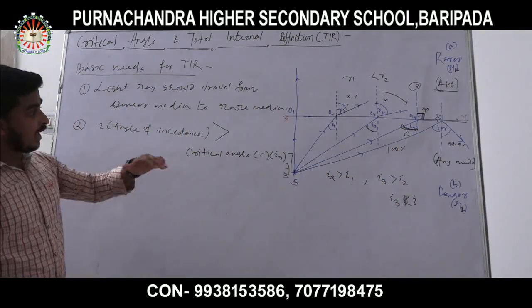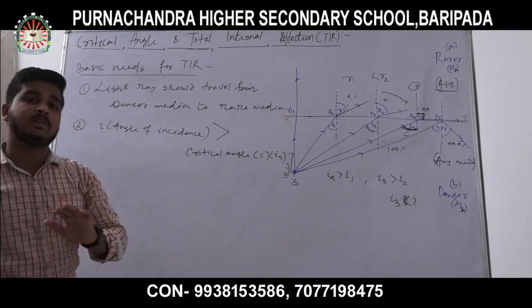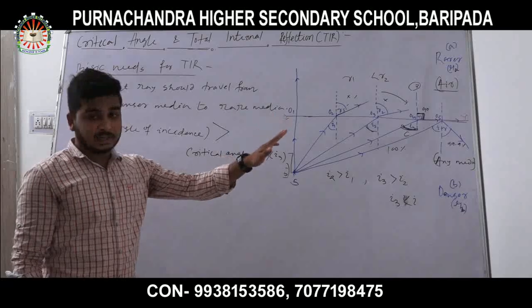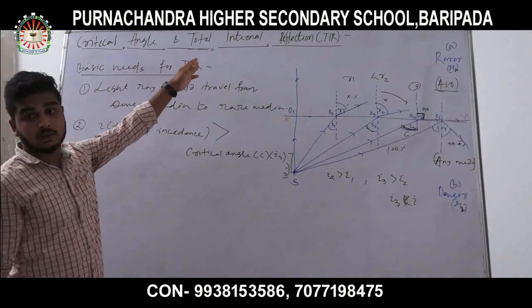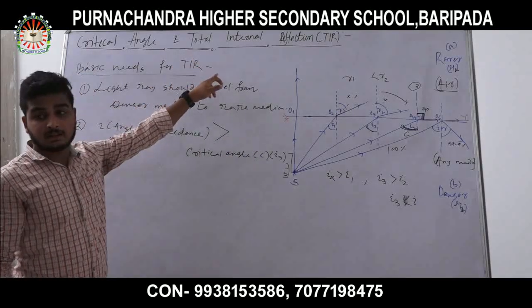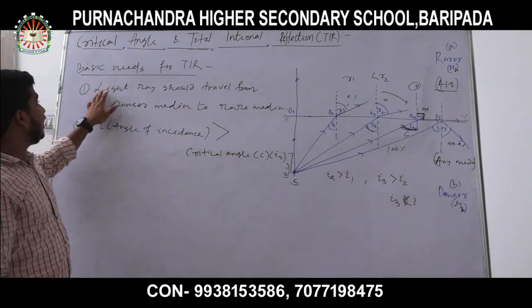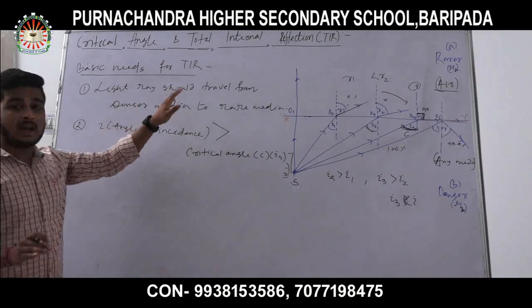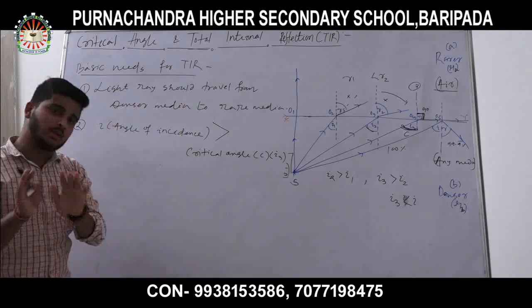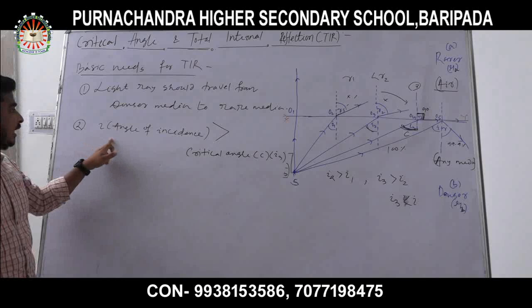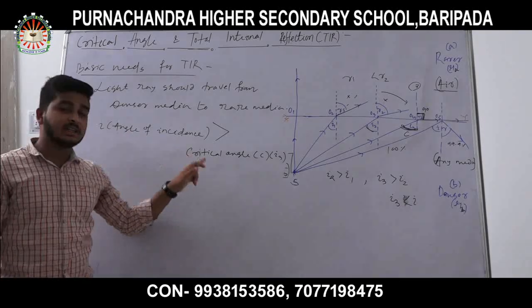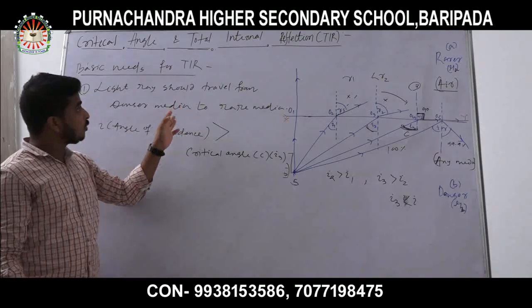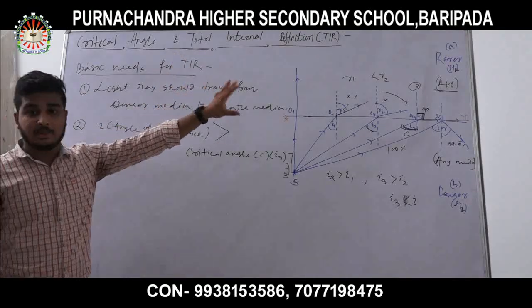The critical angle is the angle of incidence for which the angle of refraction is 90 degrees. After the critical angle, TIR happens. So the basic needs for TIR are: light should travel from the denser medium to the rarer medium, and the angle of incidence must be greater than the critical angle. Under these two conditions, TIR happens.